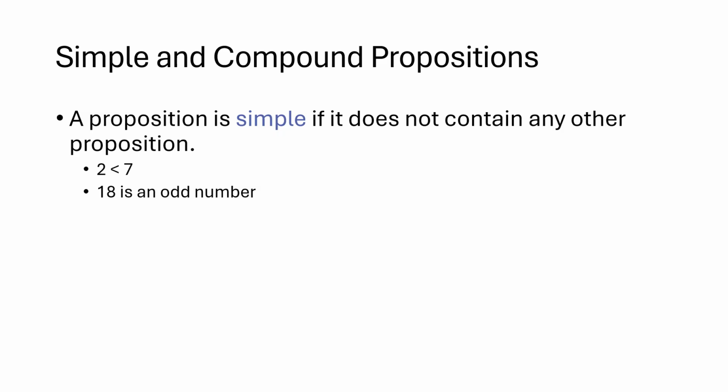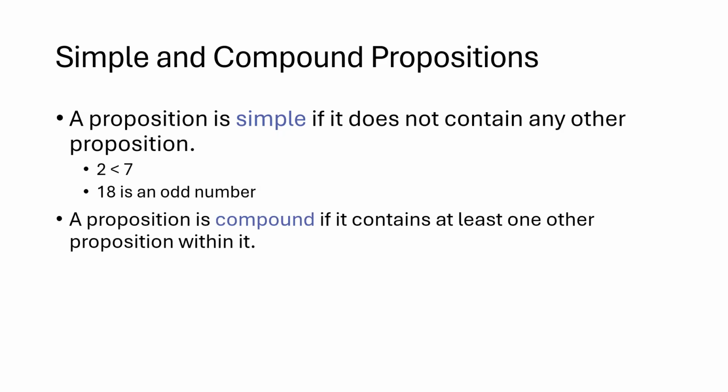In this case, it's true. And it's a simple proposition because it doesn't contain any other proposition that is simpler than itself. The second example, 18 is an odd number. Also a proposition, this time false. But again, it's a simple one because it cannot be broken down into simpler propositions.